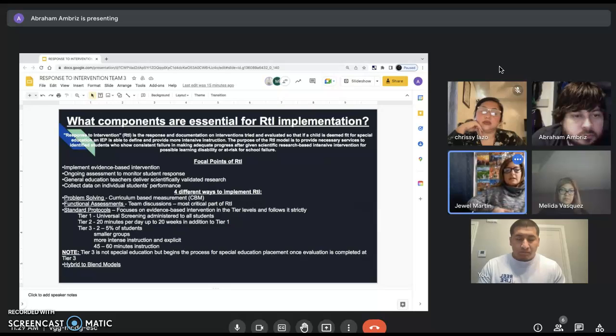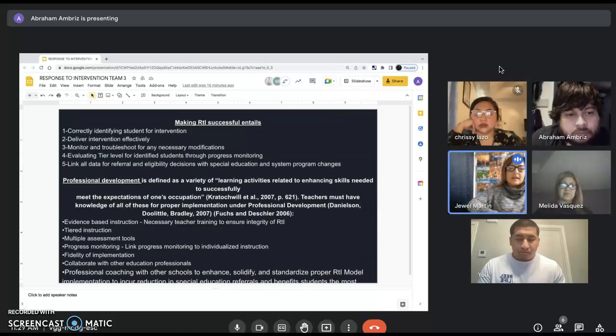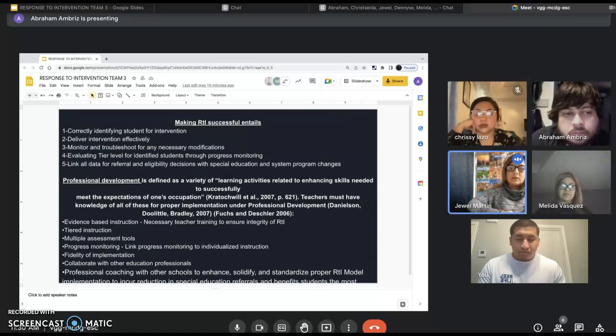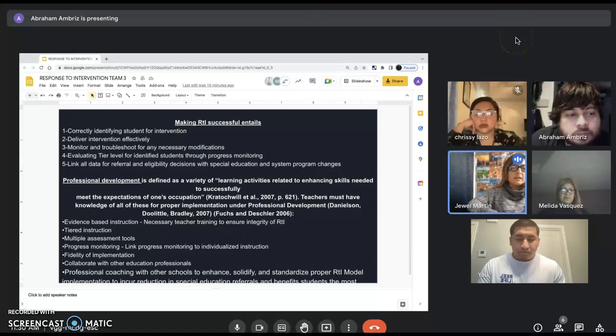Now, RTI does not identify processing deficits as a reason for students failing to learn. And IDEA defines the specific learning disability as a significant discrepancy between achievement and cognitive ability in oral, reading, writing, listening, or math.